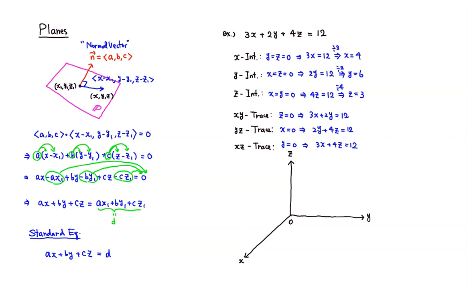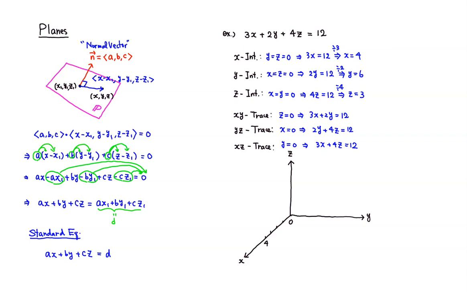All right, so let's sketch the graph of this plane. Since we know the intercepts, let's put those in there. The x-intercept is 4, so I would just say 1, 2, 3, 4.